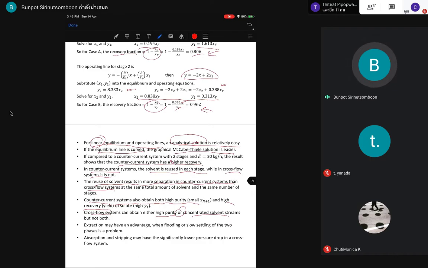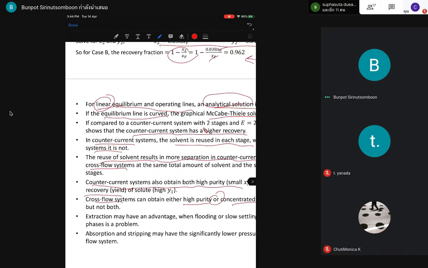So counter current gives you a better separation. But sorry, this is wrong. I typed this slide wrong. It has to be cross flow here. It has to be the cross flow system.